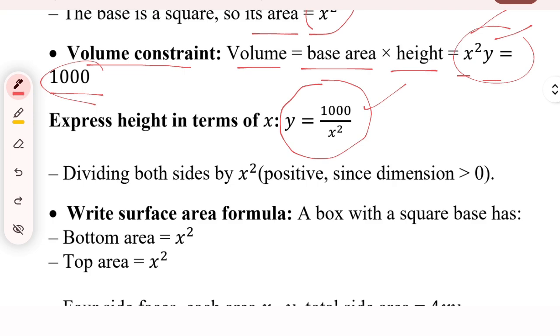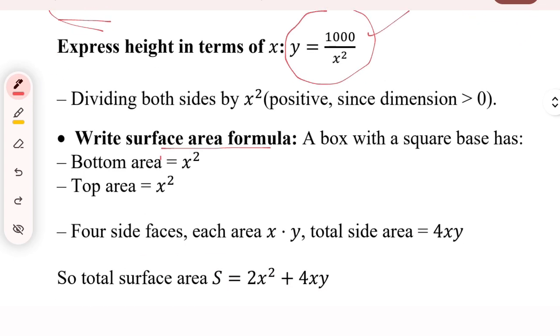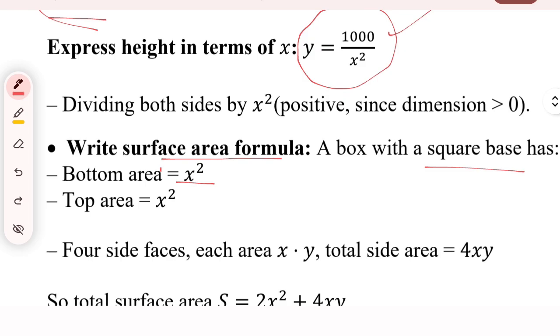So what we will do now is write the surface area formula. Remember that it's a rectangular box with a square base. So the bottom area of the box is x squared. We already know that because x times x is the area of the bottom part of the box. The top of the box is also x squared. It should be a square as well.